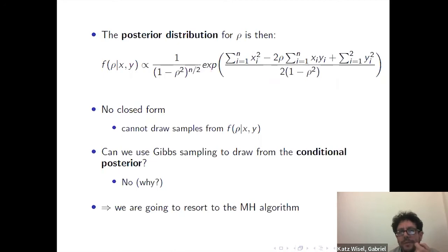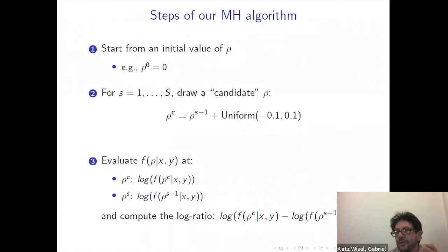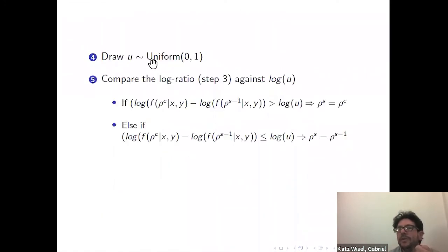So we evaluate this posterior distribution at the candidate value of rho and at the previous value of rho, compare it with a U drawn from a uniform distribution, and then accept this candidate value as the new value of rho or not, depending on whether the ratio is larger or smaller than U.